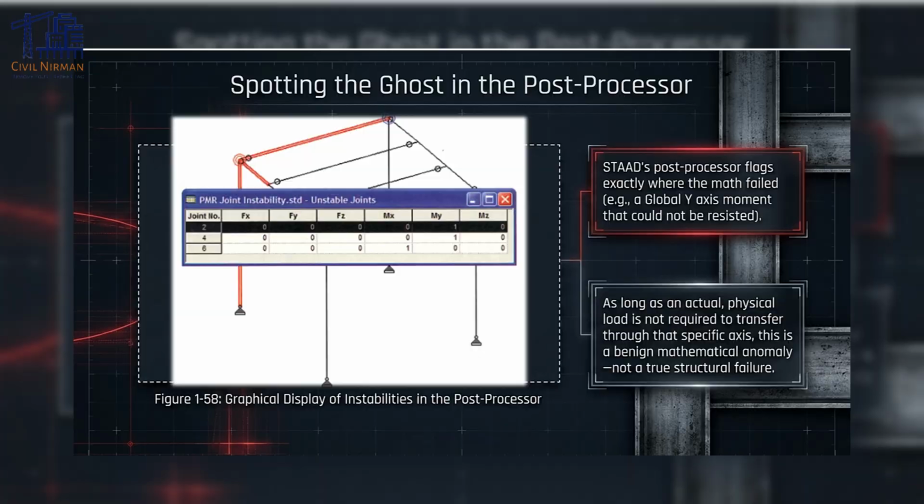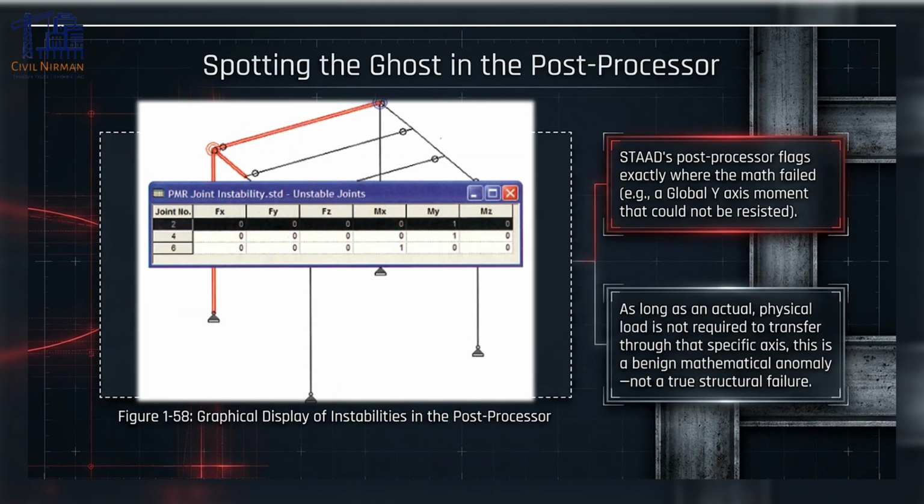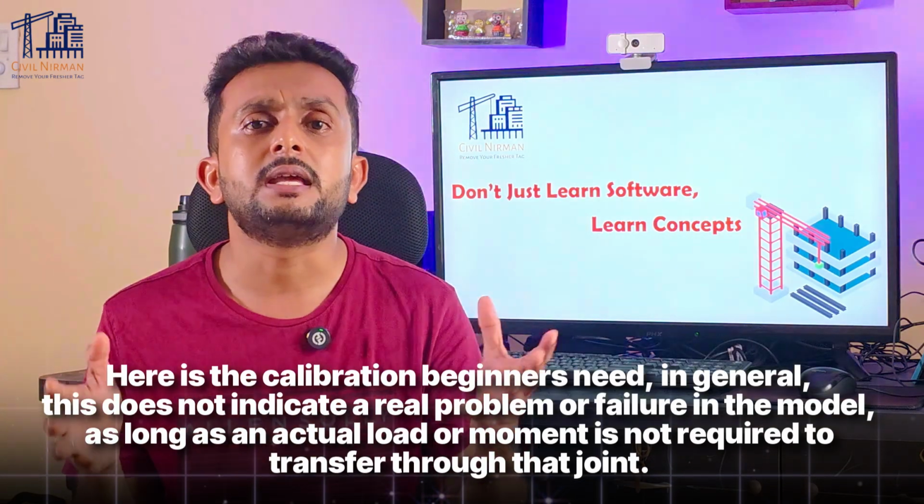Here is one of the examples for your understanding, the graphical display of the instabilities in the post-processing. Staad will actually show you exactly where, usually in the post-processor, in this case flagging an instability, meaning a moment about the global y-axis could not be resisted at that particular joint. And here is the calibration beginners need.